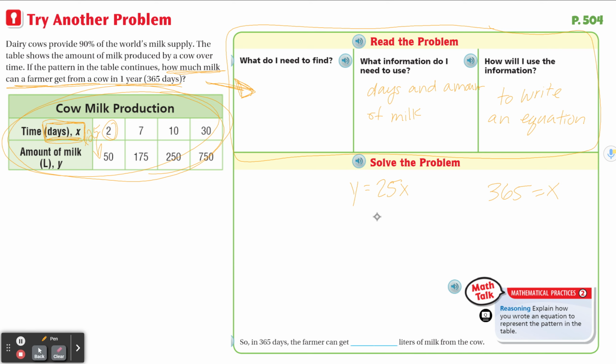So I'm going to do 25 times 365. Take a second on your paper to see what is 25 times 365. So you hopefully got that that is 9,125. So the liters of milk that they're making is 9,125, which is quite a lot of milk.